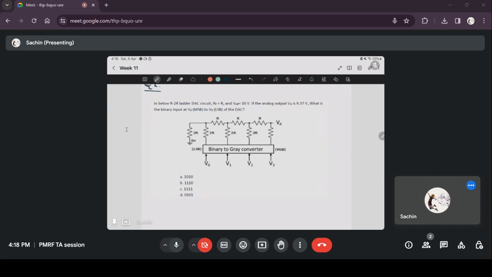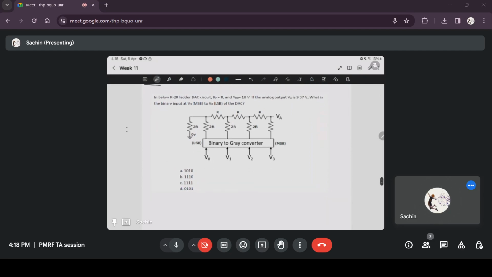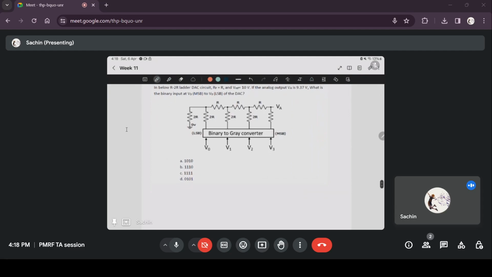Now here a little bit of guesswork has to be done. Here there are 4-bit digital to analog converter, and it's an R2R ladder network.